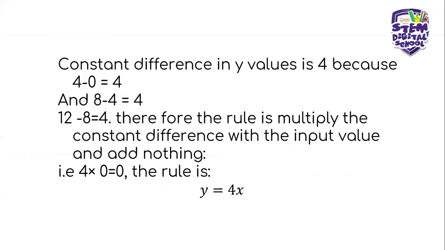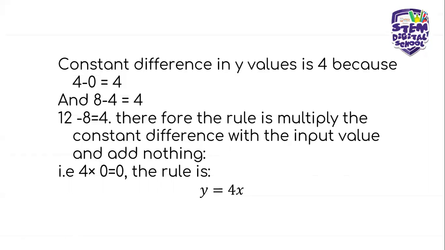So in other words, like in this example here, if x, for instance, is 1, then the value of y depends on that 1. So it means you have to now multiply the 1 by 4 to get 4. So the value of y will be 4 if and only if x is 1.